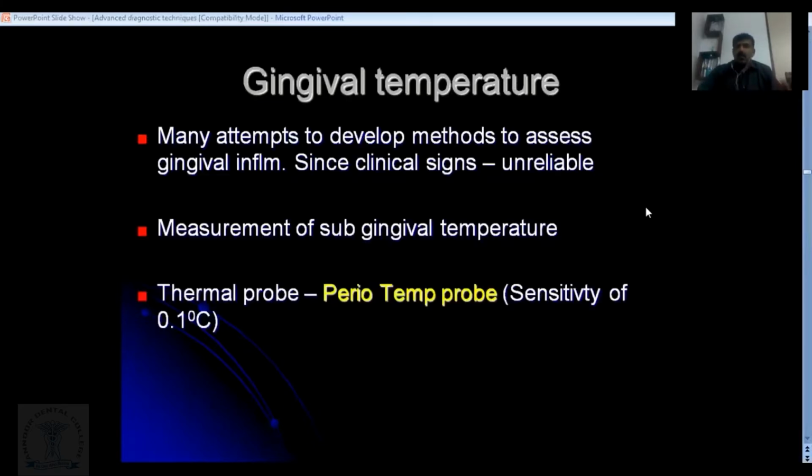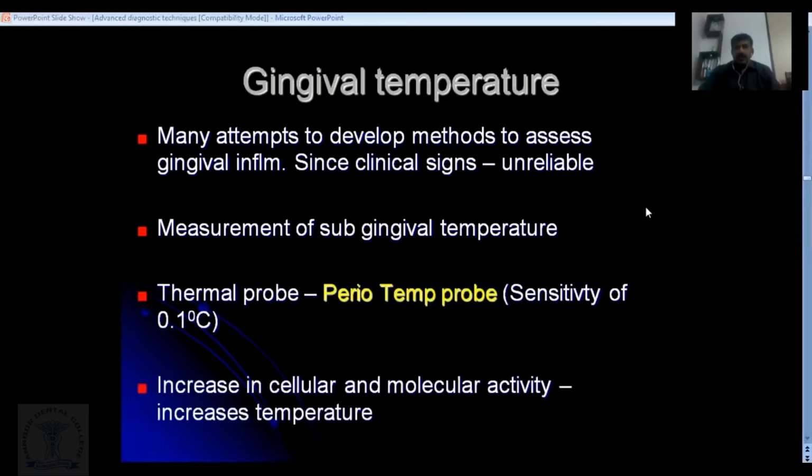Now, you all know that whenever there is inflammation, there are different cardinal signs of inflammation like calor, tumor, rubor, dolor, and functio laesa, which is loss of function. So calor is increased temperature. Whenever there's an inflammation, the temperature of the inflamed area increases. So basically, this has been applied here.